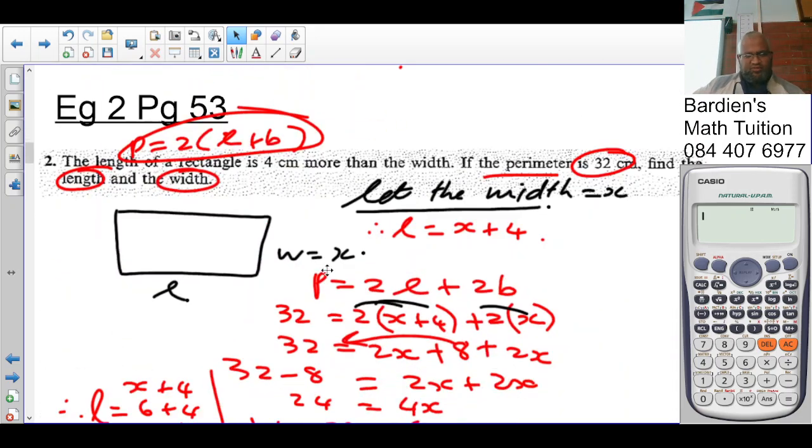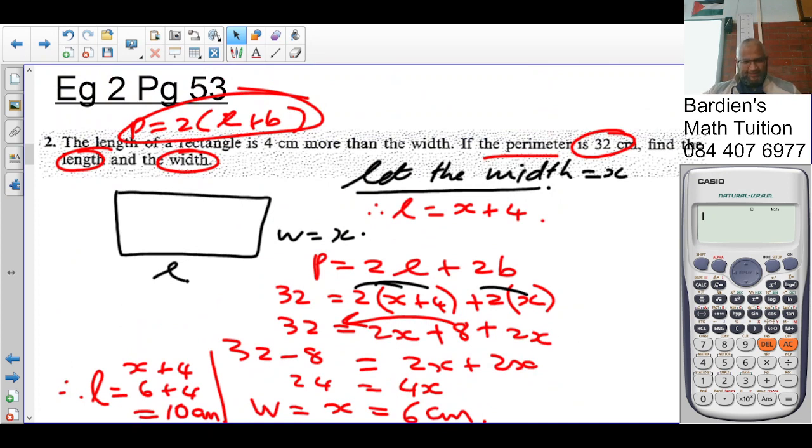Let's check here, example 2 on page 53. Let's just check quickly, example 3. Which page is this on? It says 54.